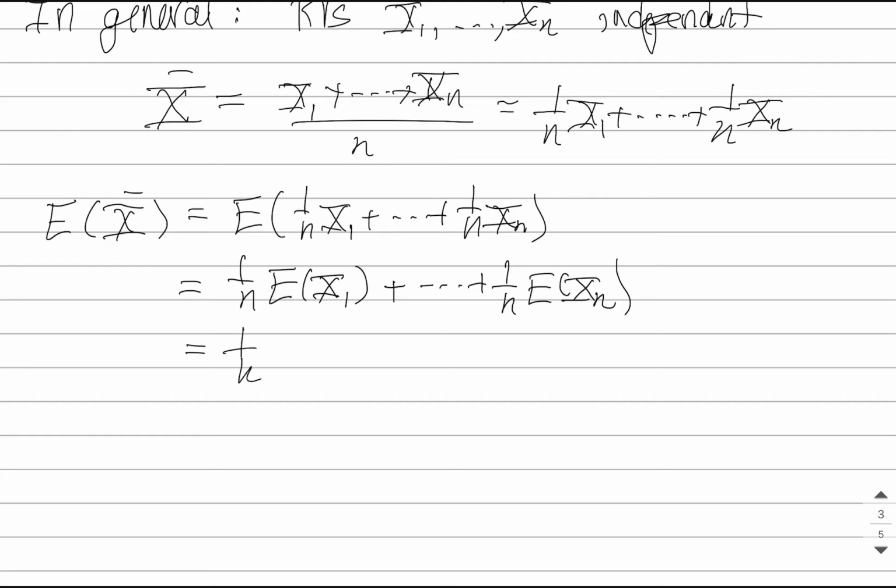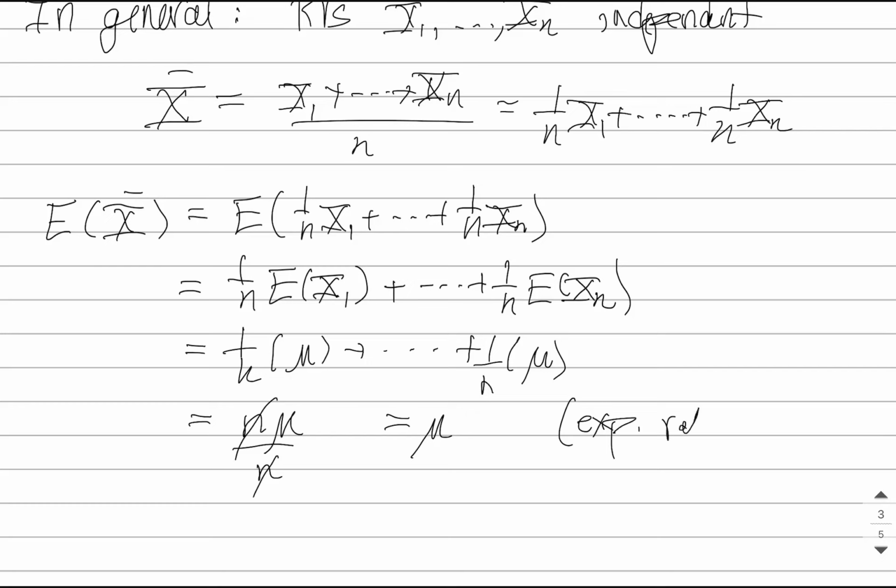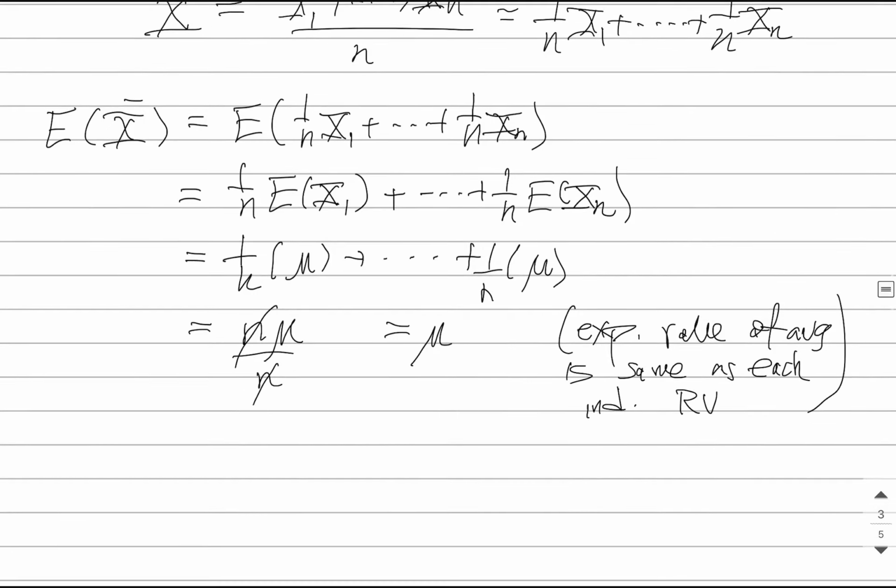Then this will be 1/n times mu all the way down to 1/n times mu. So we'll get n mu over n, and in general, we'll get mu. The expected value of the average is the same as each individual random variable. So as we saw in the example, averaging preserves expected values.